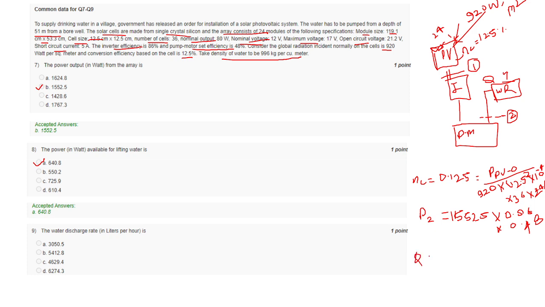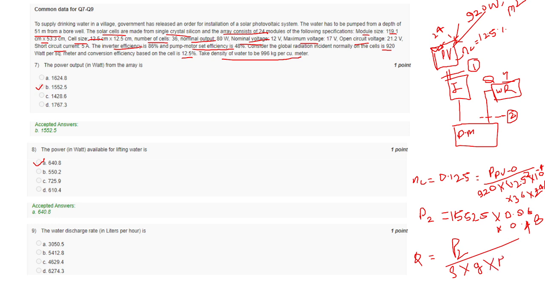Now the discharge rate you can calculate. Discharge rate will be the power available for lifting the water upon rho, the density, into g, into height. Density is given as 996 kg per meter cube, g is 9.81, and the height is 51 meter.